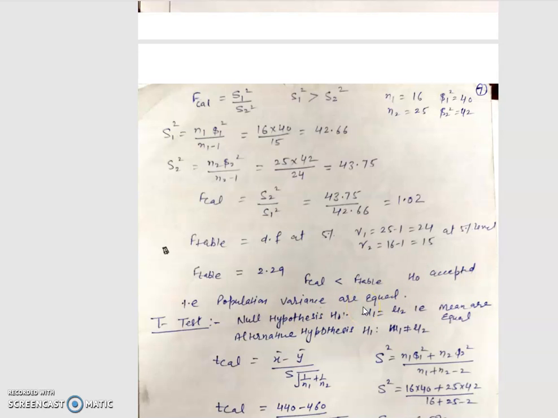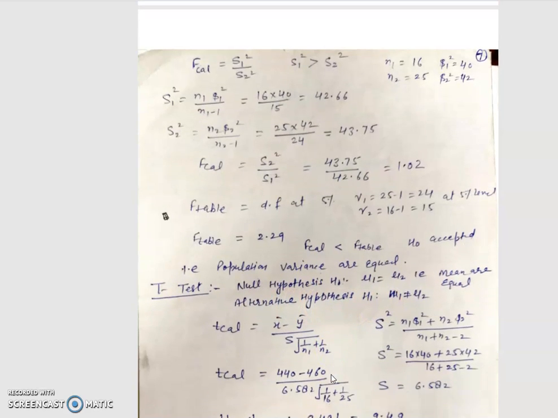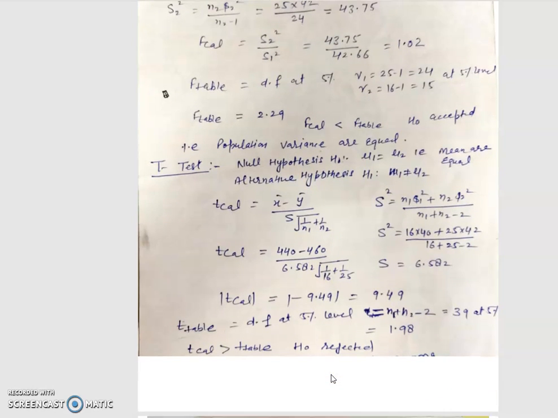Now by the help of means we have to verify whether our population means are equal or not. Now this is the T test. The null hypothesis says means are equal, and the alternative says means are not equal. To find T calculate, the value is x bar minus y bar upon capital S under root of this value.